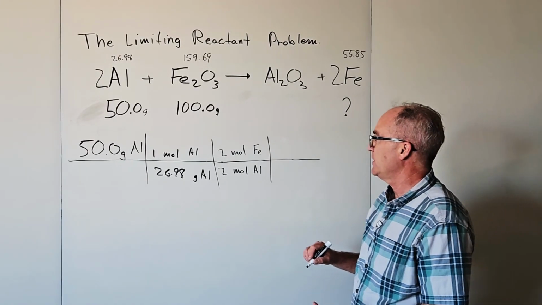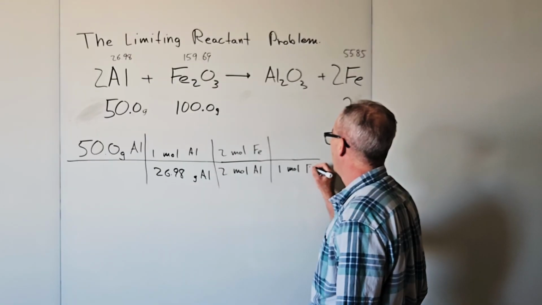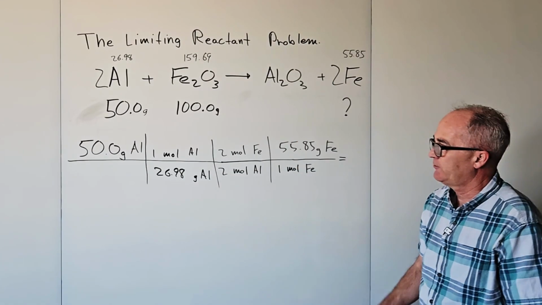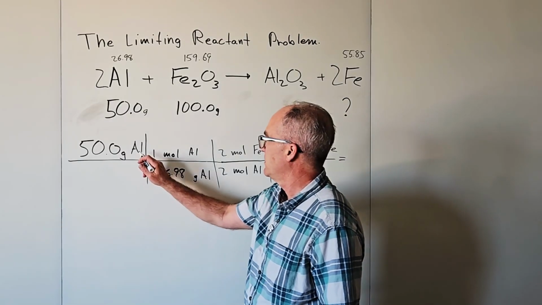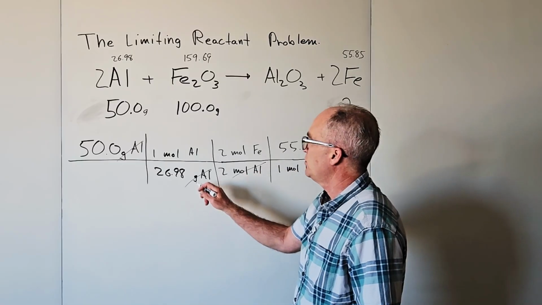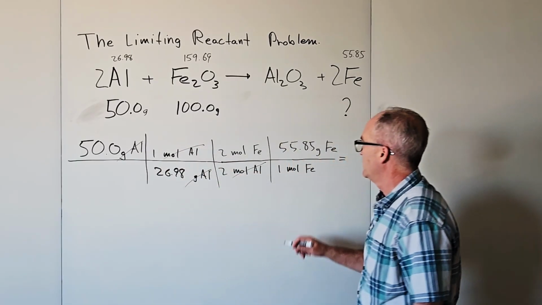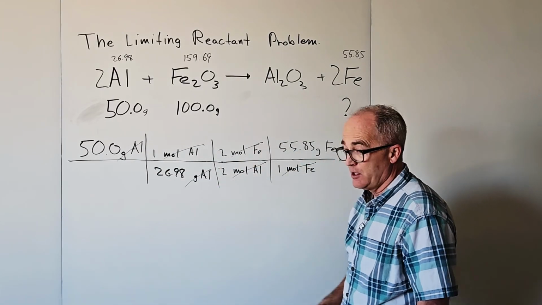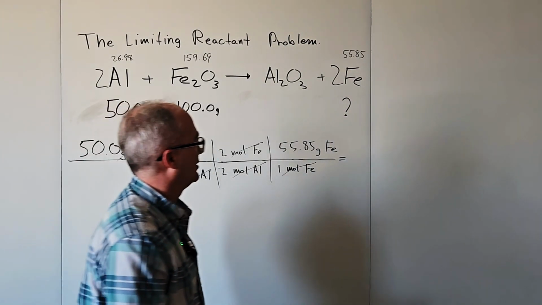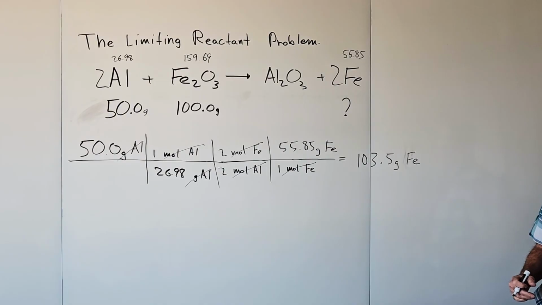Don't pull out that number with the exponent. We're going to use this number off the periodic table. And then maybe before you pull out your calculator, you say, all right, grams of aluminum went away, moles of aluminum went away, moles of iron went away. Everything looks pretty good. So I pull out my calculator: 103.5 grams of iron.